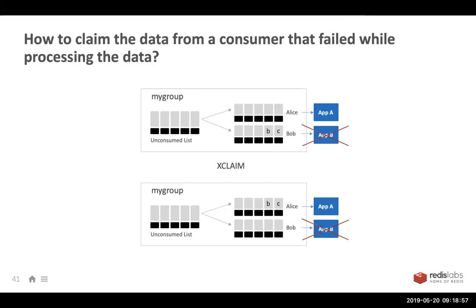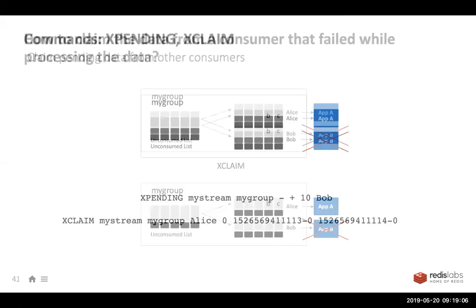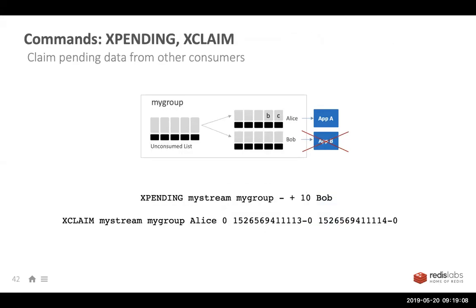And so in this case, you got to be careful that you recognize that it is possible to process the same record twice. Okay, and so here's an example where you're taking a pending record and claiming it so that you can process it and make sure it got processed.